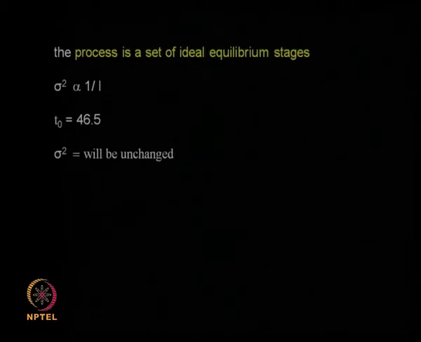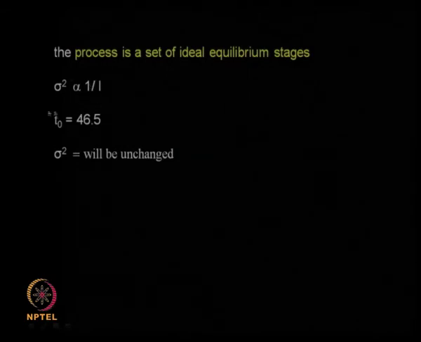If the column length is short, your sigma will be large, that means the peak width is also large, that means the efficiency of the column is not so good. Now in an ideal equilibrium stage, sigma square is proportional to 1 by L, so velocity you can see is not coming into the picture.